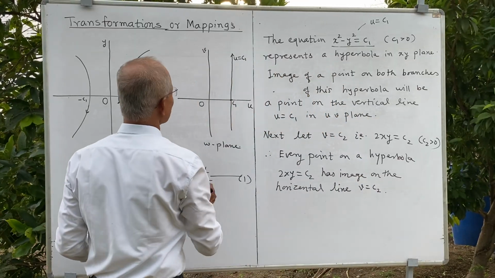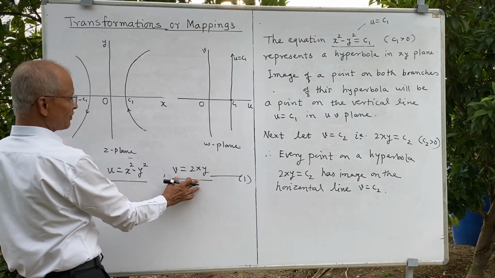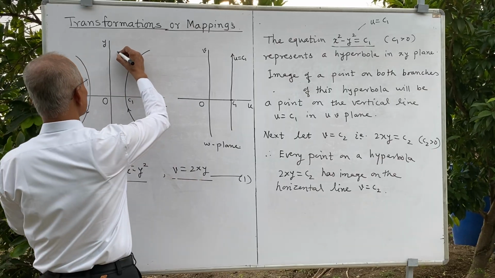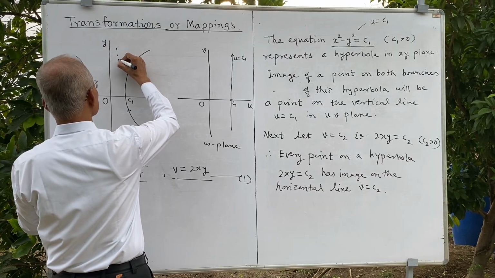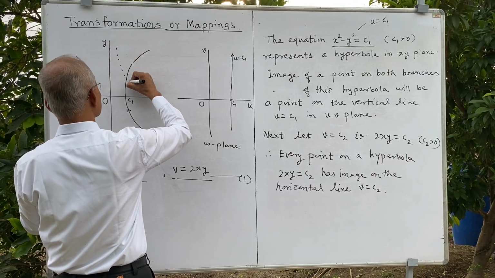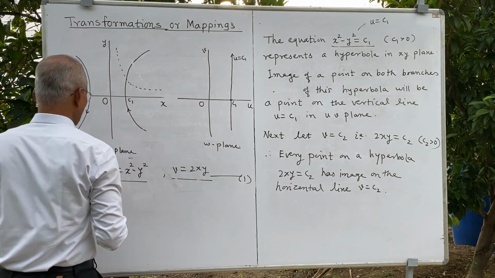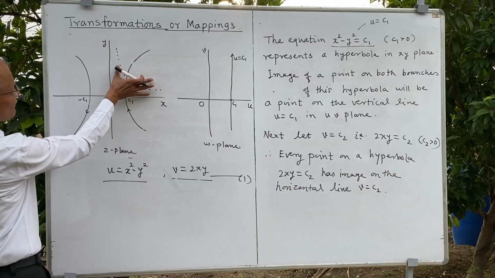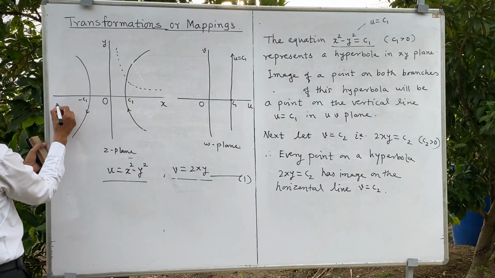And that line can be shown like this. First we shall show this parabola. It has again two branches, and this is a rectangular parabola. So, we shall show the image by a broken line. And it lies in the first quadrant and in the third quadrant.